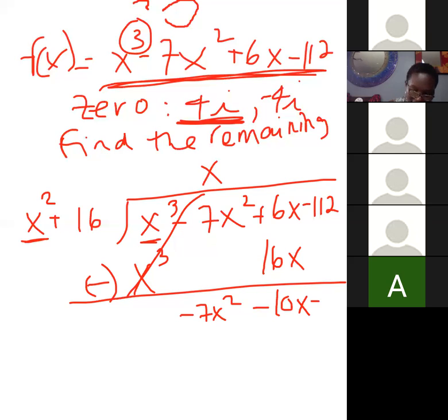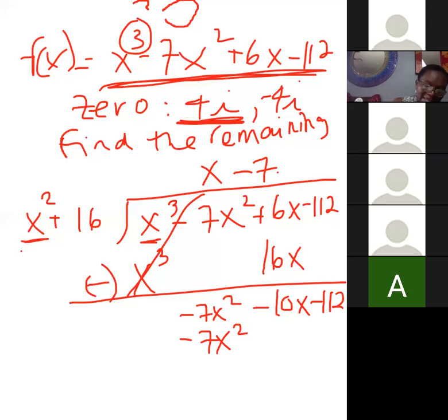Let me erase this part right there. Okay, so we're going to do it again. This time we're going to take this negative 7x squared and divide it by x squared. What's negative 7x squared divided by x squared? That's going to give us a negative 7. Now we multiply. Negative 7 times x squared is negative 7x squared. That was expected. I should have brought down that negative 112.